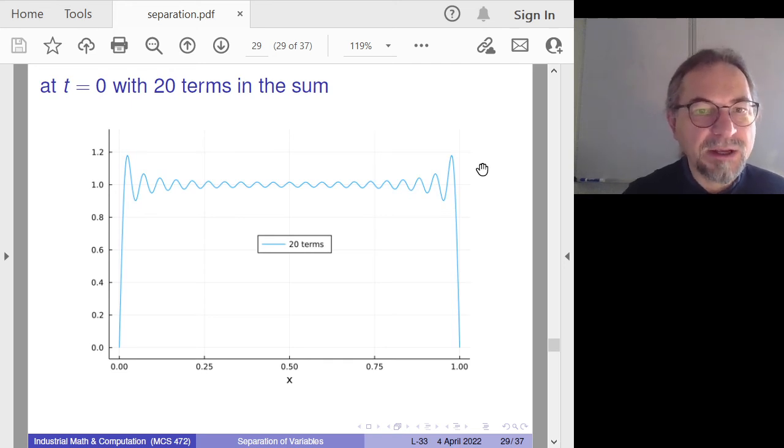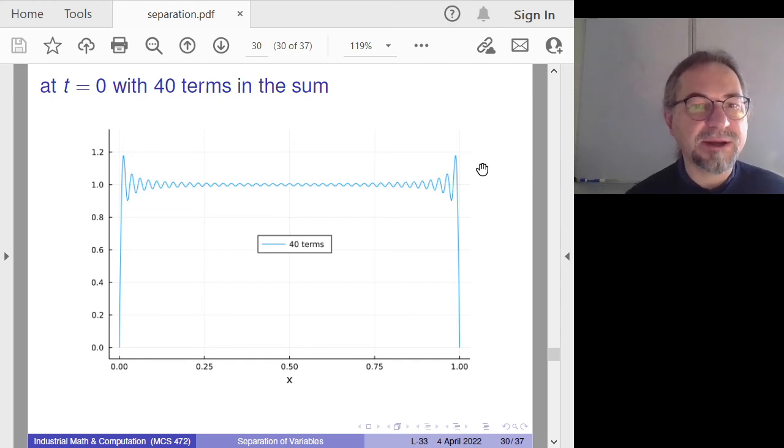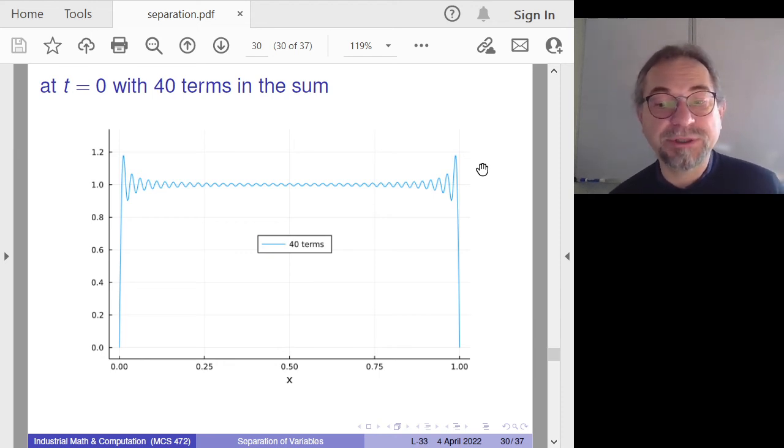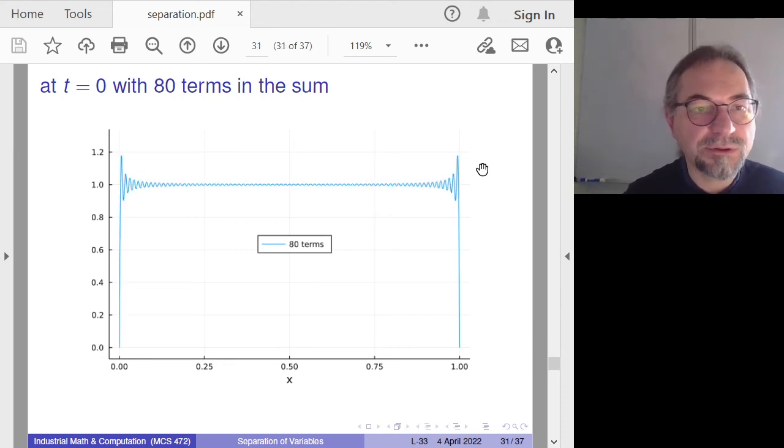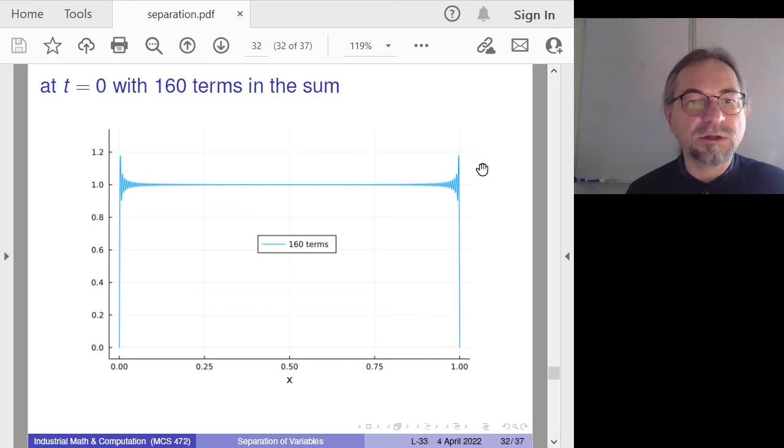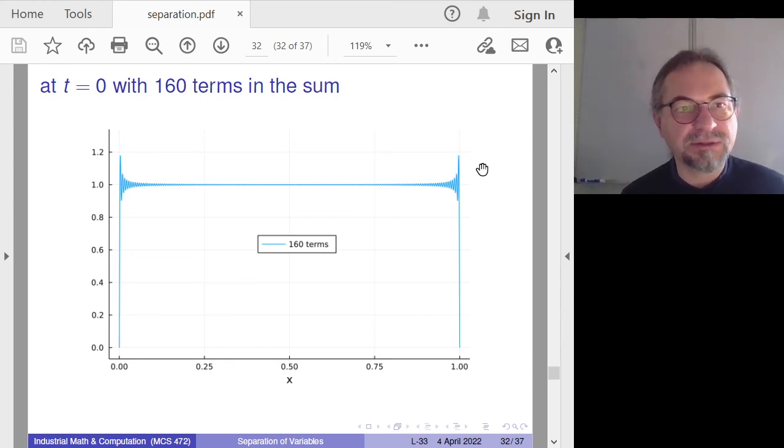Too bad. But you see that the approximation in the center improves, now I'm at 40 terms. The wobbles are still visible at 80 terms, but at 160 terms, the overshoot is still there, I'm not going to get rid of that, but it will turn out that this will not be a complication.